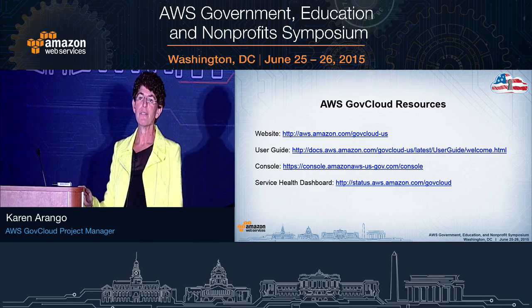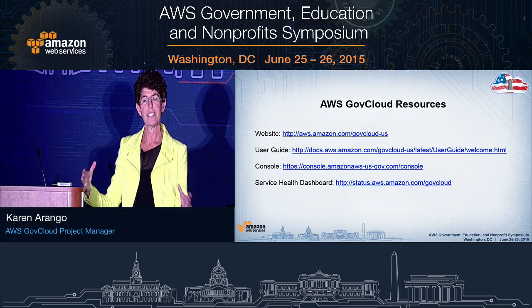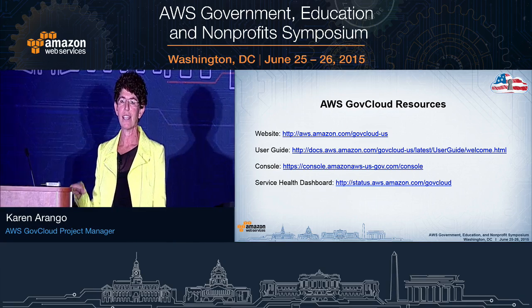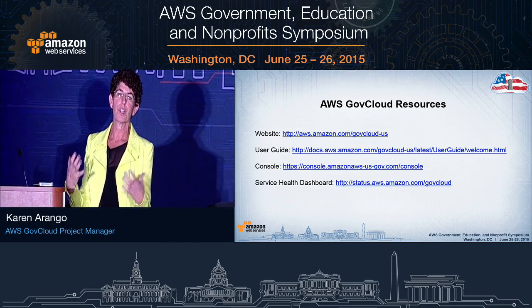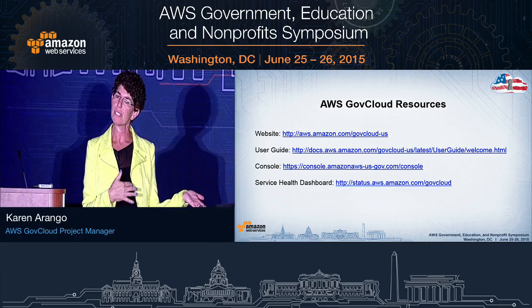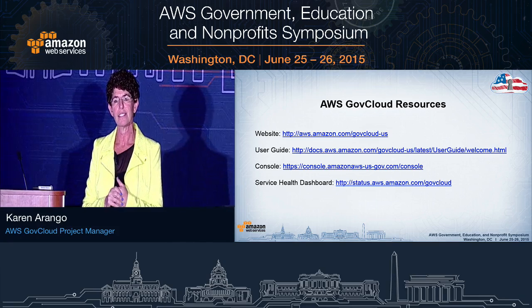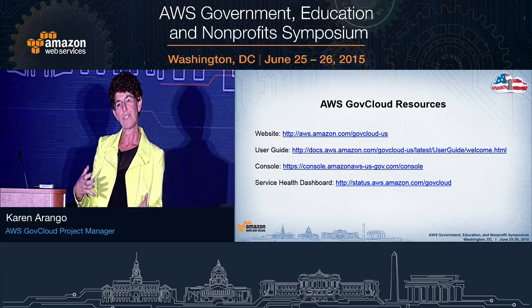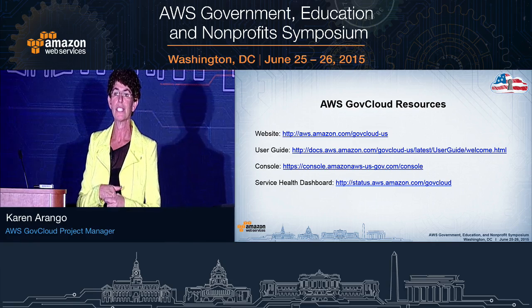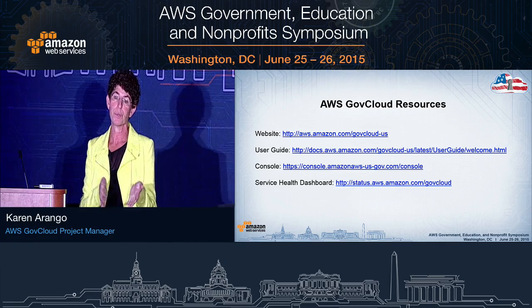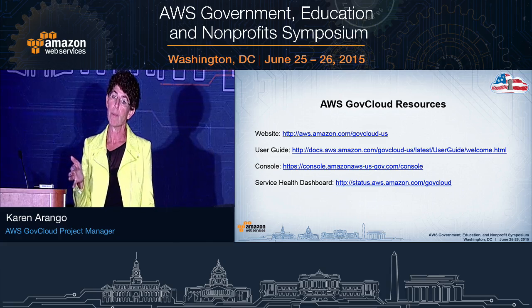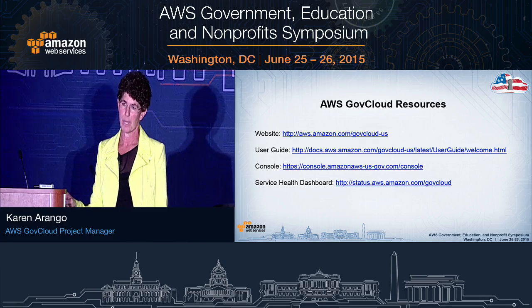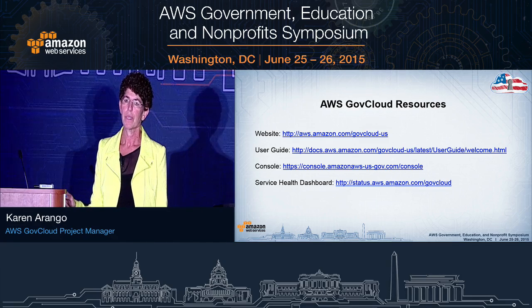Right, every customer within GovCloud is compartmentalized. Their data and all of their compute, whether it's EC2 instances or an RDS instance, is running within their VPC, and you can further differentiate by running on dedicated instances, so your compute is not on a multi-tenant environment. We'll do one more question.